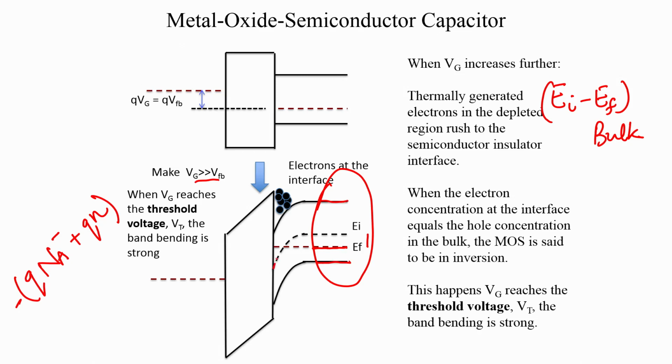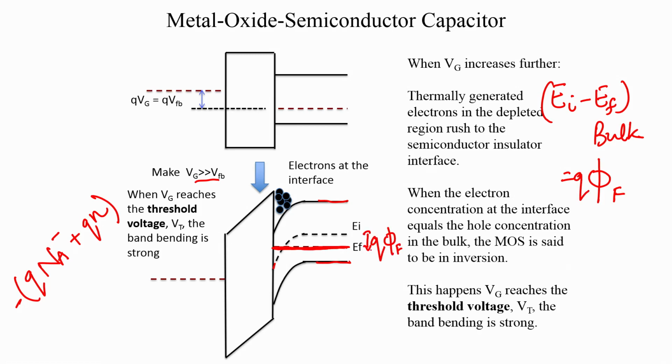And of the two dashed lines, the black one is Ei. I will draw Ef as a continuous line just for clarity. So, Ei minus Ef in the bulk we will give a special symbol, we will call it phi f. We will say that this difference is q phi f.